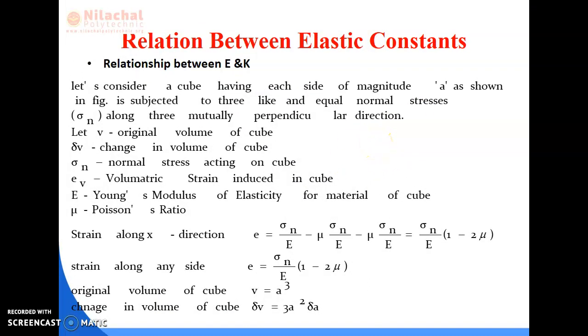Let us consider V is the original volume of cube, del V is change in volume of the cube, sigma n normal stress acting on cube, EV volumetric strain induced in cube, E Young's modulus of elasticity for the material of cube, and mu Poisson's ratio.